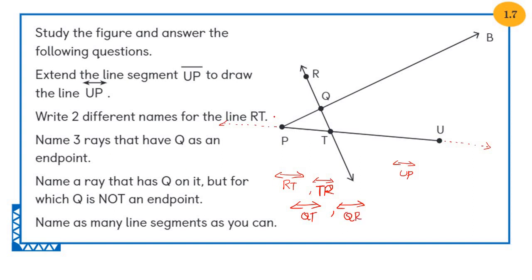Write any two different names for the line RT. This is your first one. This is your second one and third one.